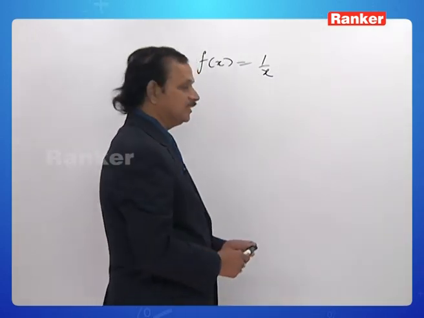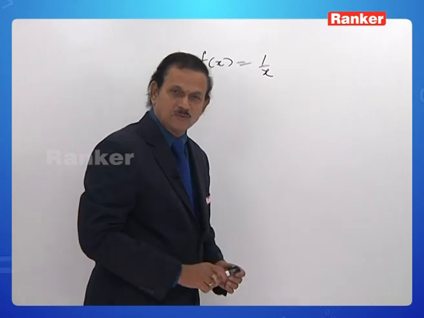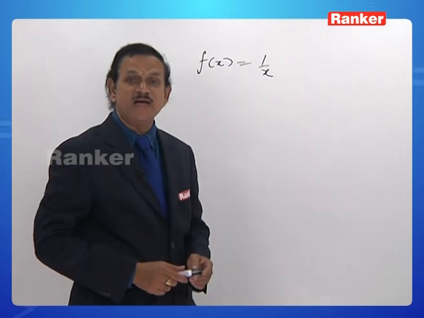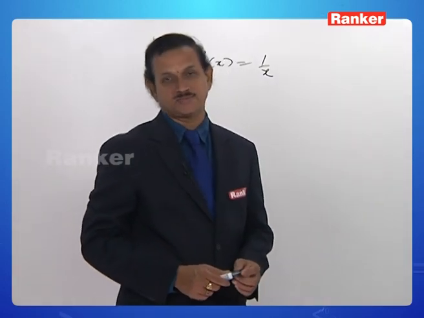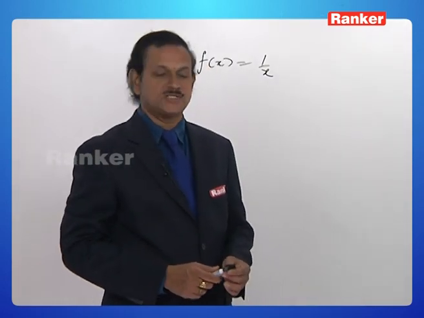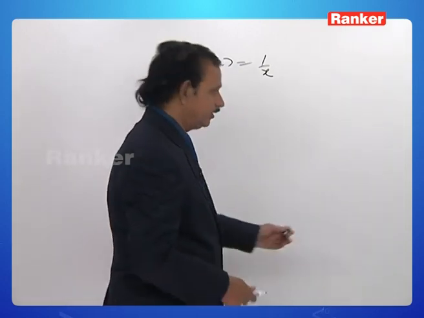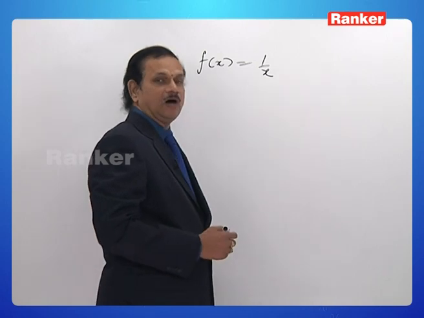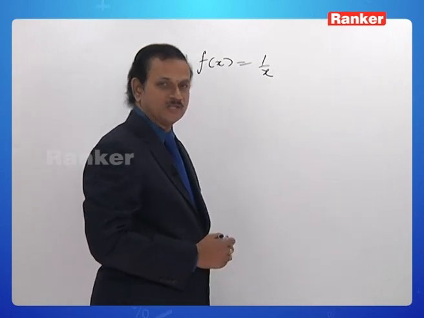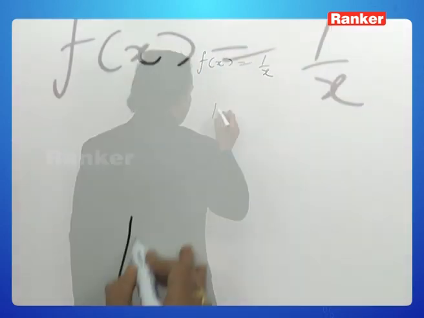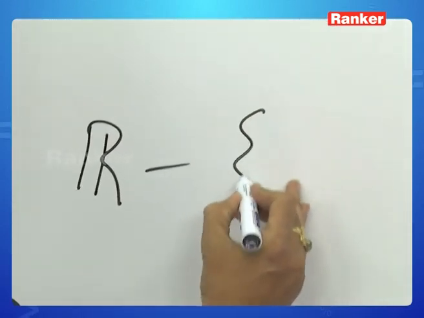That is why the point x = 0 is a troublesome point in defining f(x). So it is not possible to find f(x) when x is 0. Therefore, the set of all those real numbers for which the function f(x) is defined is R minus {0}.